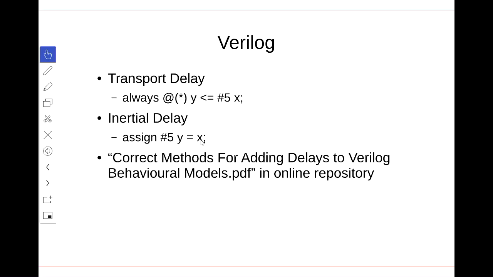It behaves differently. Inertial delay is the same as transport delay provided the pulse width is equal to or greater than the delay period. But an inertial delay will swallow any pulse whose duration is less than the delay period, and so therefore this will behave differently from that.